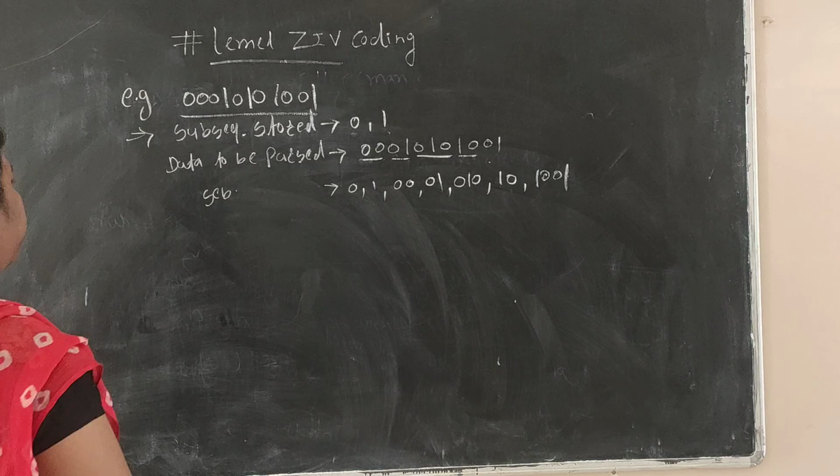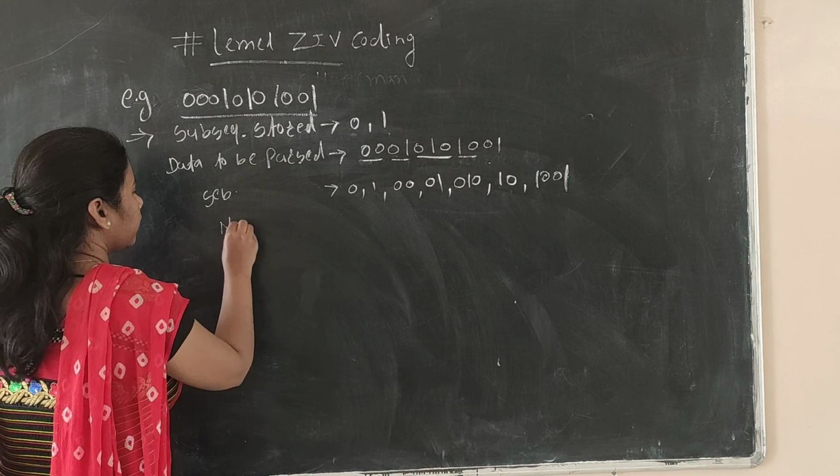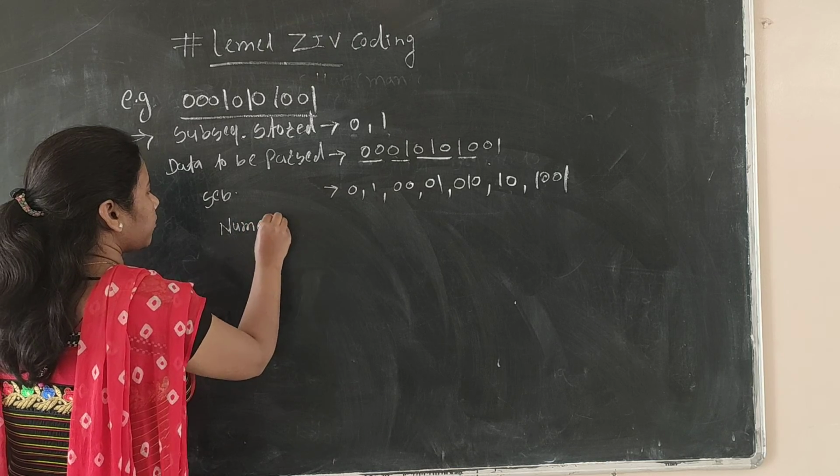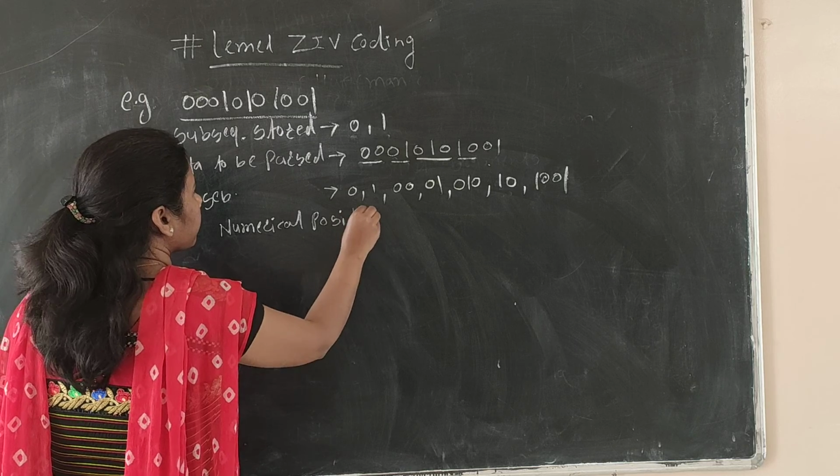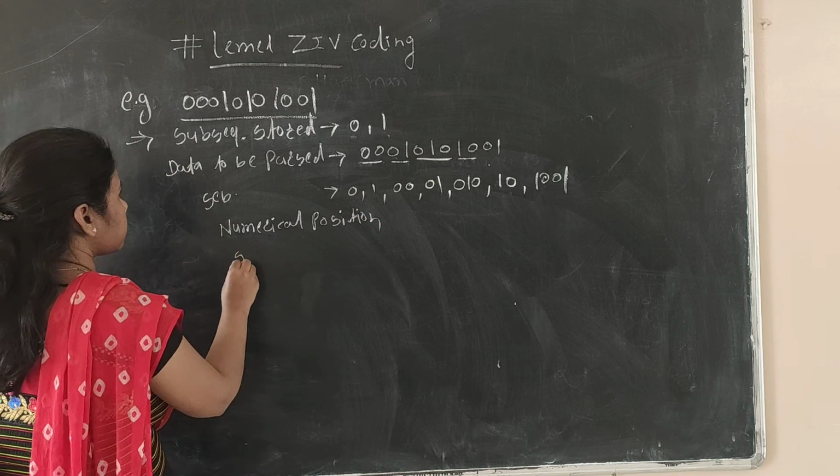We will make a small table of numerical position and subsequences.